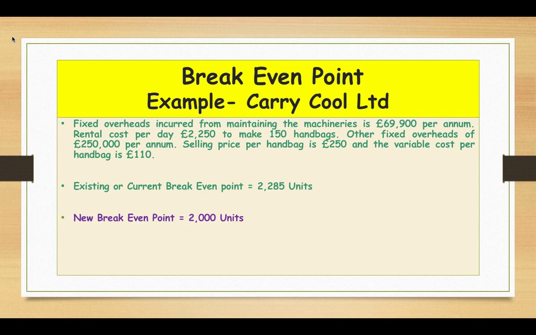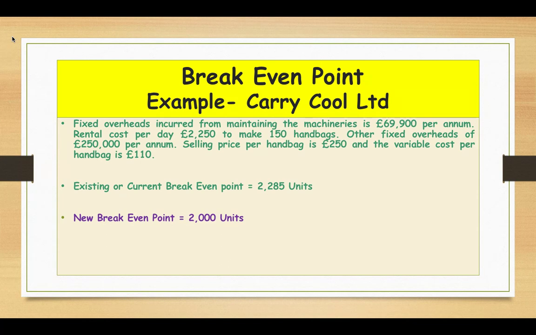So 250 take away 125, our new contribution is £125 per unit. So the new break-even point is 250,000 divided by the new contribution, which is 125 per unit.